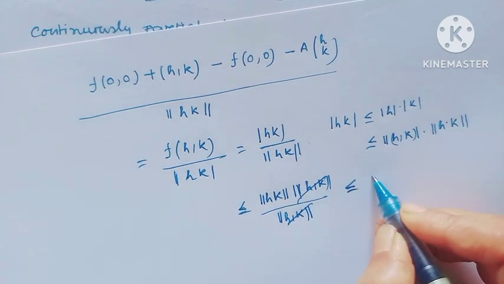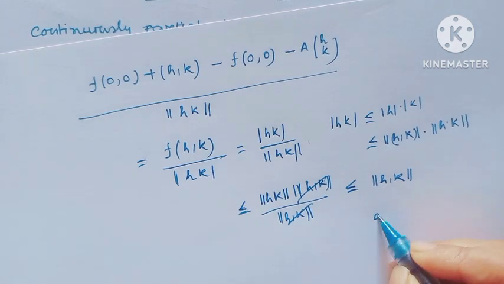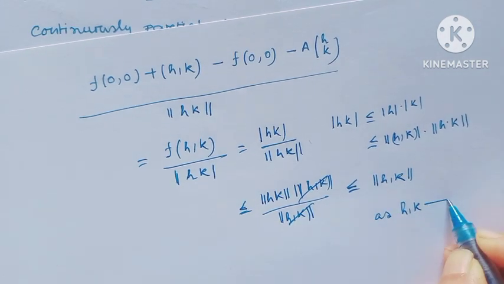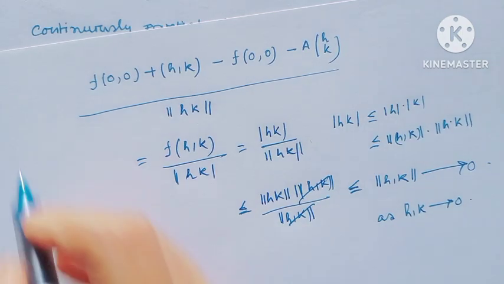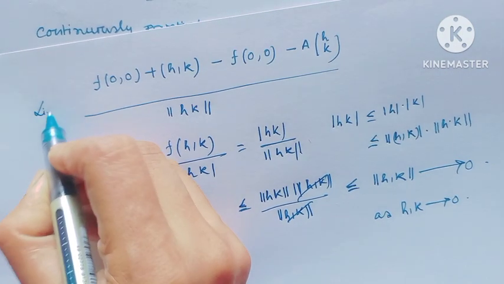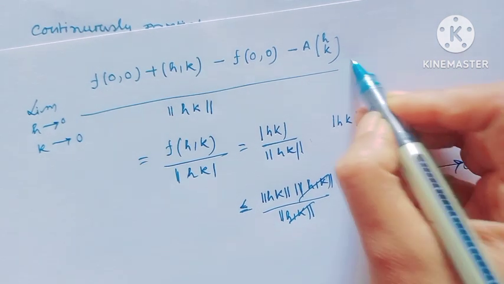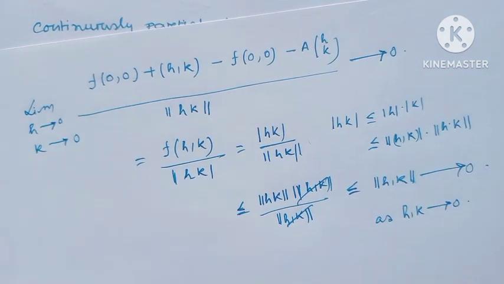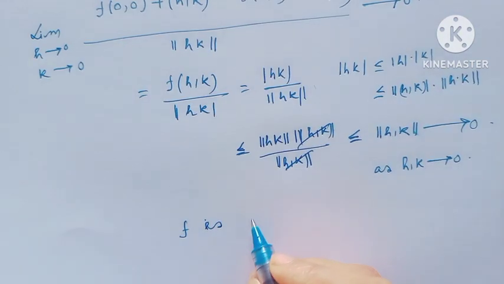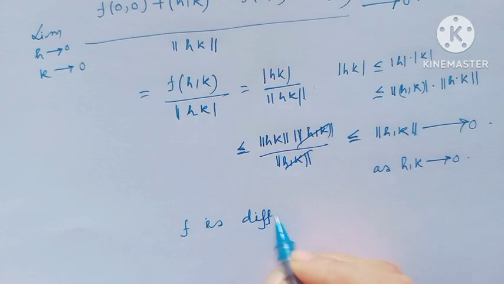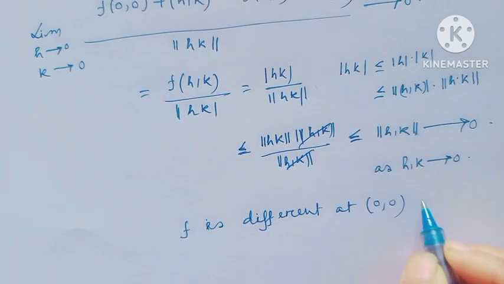That means this is less than or equal to norm (h, k). And as (h, k) tends to 0, this value tends to 0. That means the limit as h tends to 0, k tends to 0, this value goes to 0. So f is differentiable at the point (0, 0).